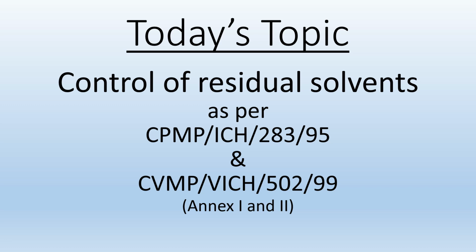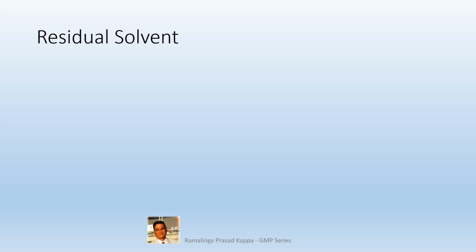The residual solvents are also referred to as organic volatile impurities, or shortly as OVI. ICH Q3C also provides adequate information on handling of residual solvents. Let us see some details on residual solvent.